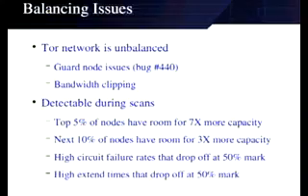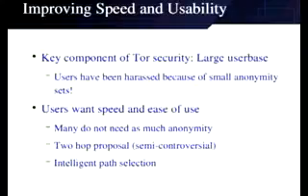The next 10%, the 5 to 15% range, exhibit an average stream capacity of about 30 kilobytes a second, whereas again the average is about 10 kilobytes a second for the rest of the network. And another indicator that this is due to the guard balancing issue is that there are high circuit failure rates that tend to drop off at about the 50% mark, and higher circuit extend times that drop off at about that 50% mark.